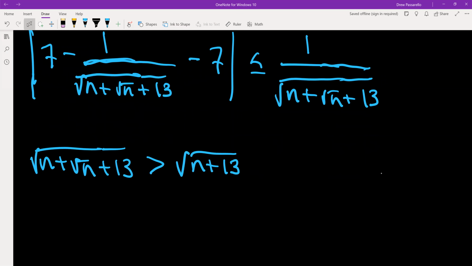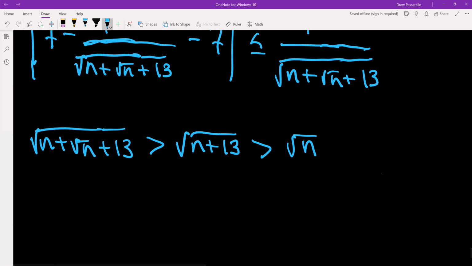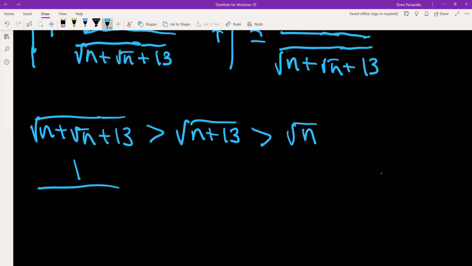So this is bigger than, and let's see, the square root of n plus 13 is also bigger than just the square root of n, since n plus 13 is bigger than n. So we can take the reciprocal and that reverses these inequality signs.